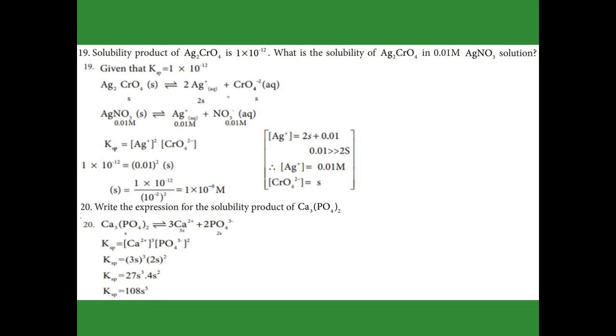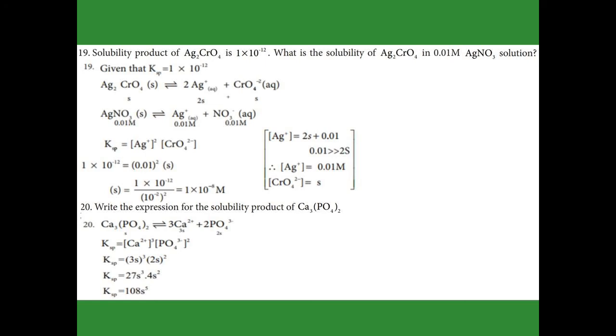Then the solubility product is given as 1 into 10 power minus 12, and we have to find Ag plus. On the right hand side, in the first equation we have 2 moles, so 2S. In the second equation we have 0.01 molarity of Ag plus, so we have to add these two.